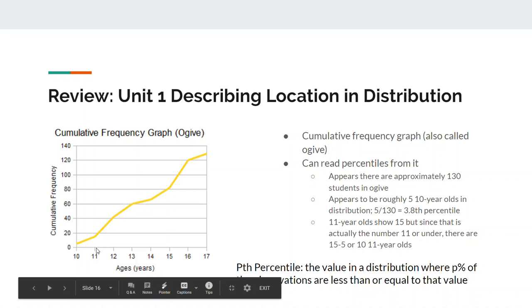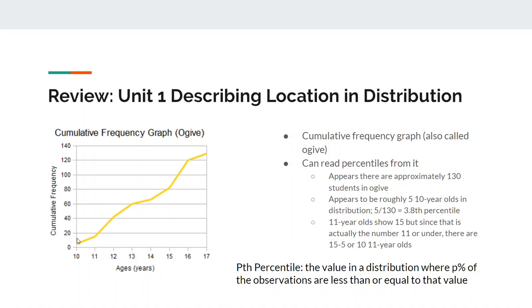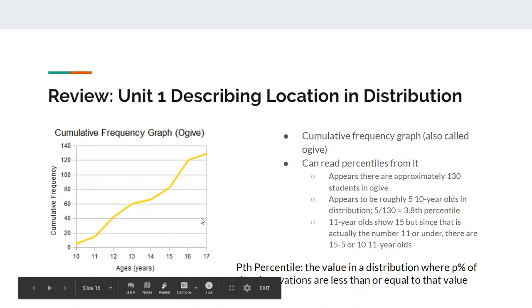If I want to go next to my 11-year-olds, I come here to 11 on the x-axis, I trace my finger up, I drag it over here, and I'm going to say it's about 15. That doesn't mean there are 15 11-year-olds. That means that there are 15 people who are 11 or younger. Since we know from before there were 5 people who were 10 years old, 15 minus 5 is 10. We know there are roughly 10 11-year-olds in this distribution.